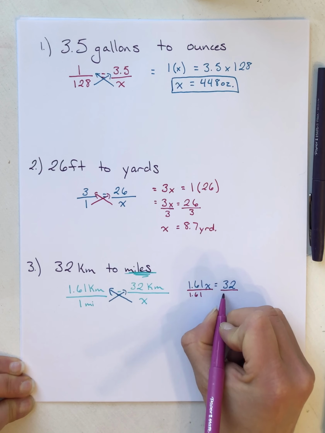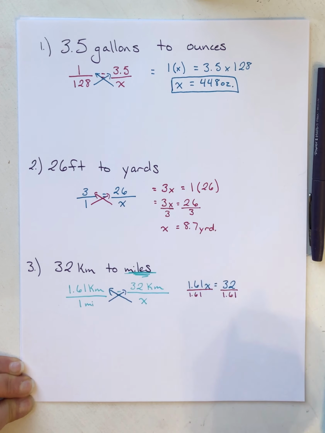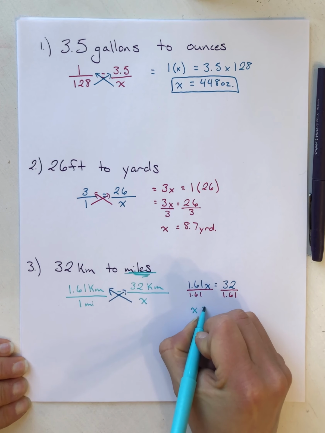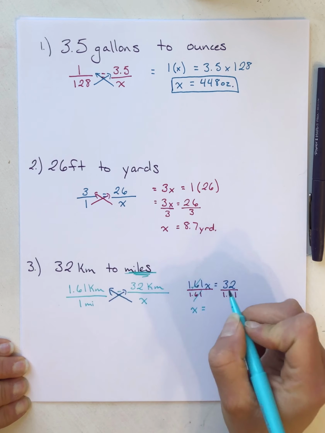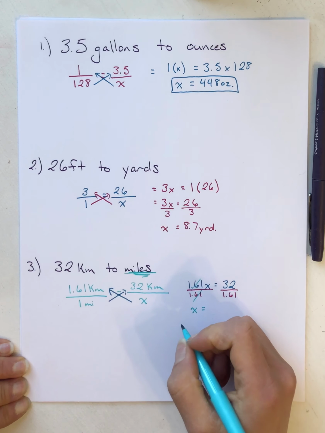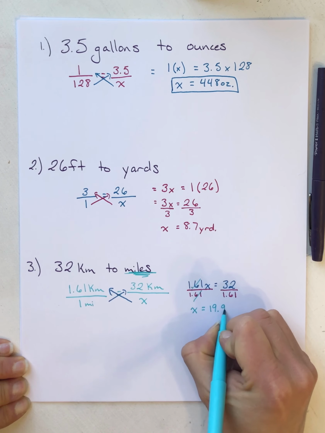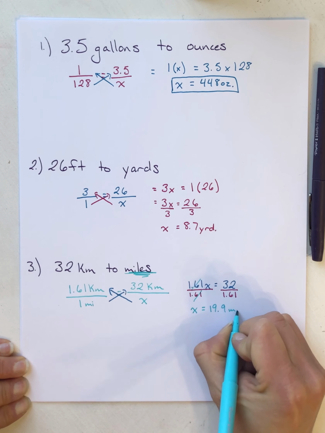And then I'm going to divide this side by 1.61. Because this is going to cross out, my x is going to be equal to 19.9 miles.